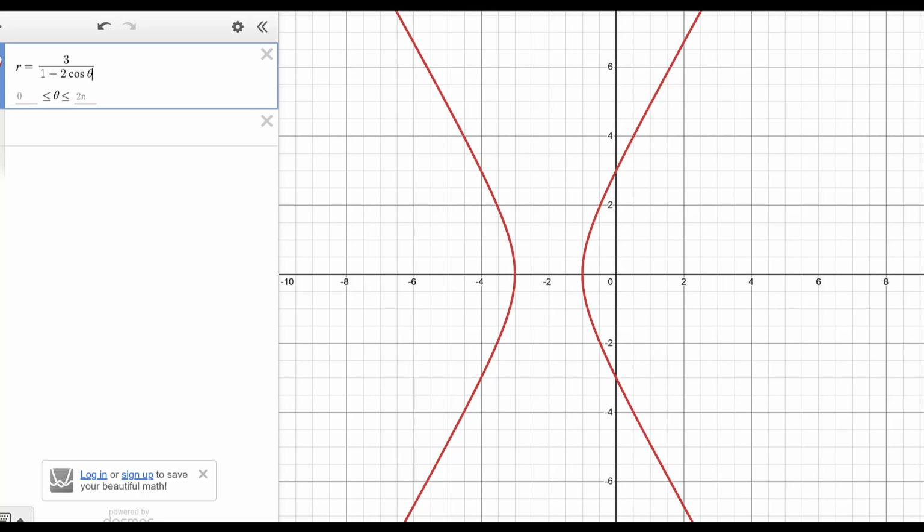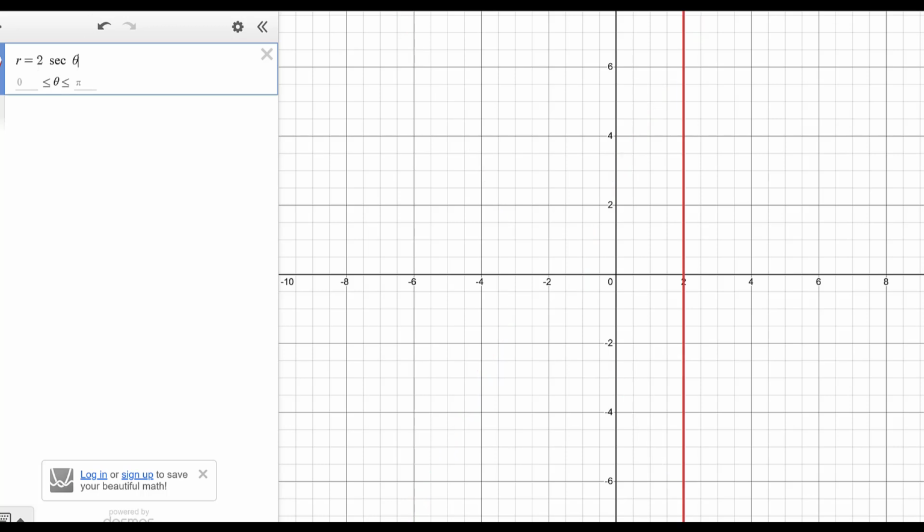There's that. Now let's go to the other one, and that one came out to be y equals, oh, problem with this, it's only going to be able to do half of it, I believe.